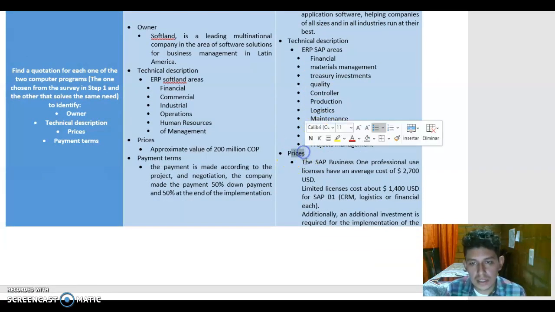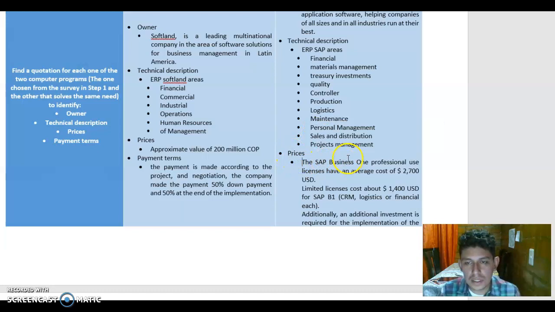The SAP Business One professional user has an outer cost of 2 million 7 USD.